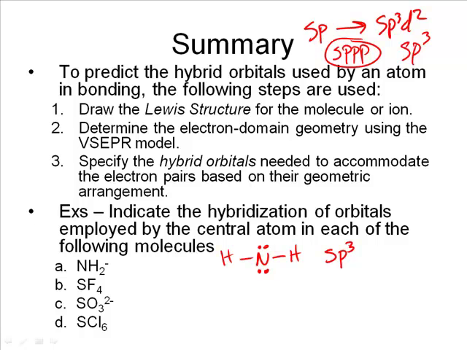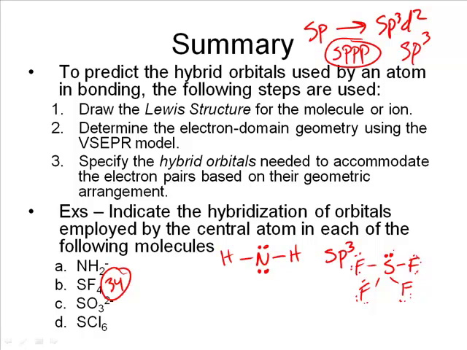Okay. SF4, also very similar. You've got 34 electrons all total. So you've got 4 bonds. Put all our dots in here. We've got 32 electrons here. We've got to use all 34.